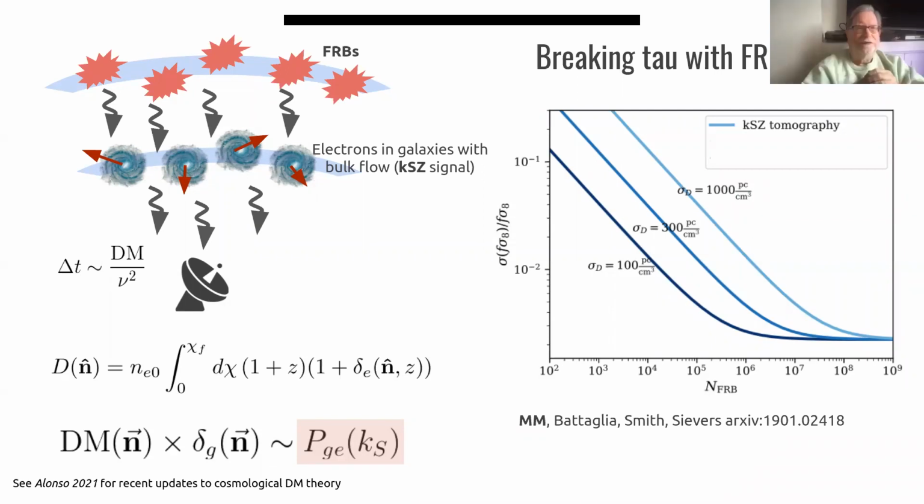Okay, Norma also has her hand up. Norma? Yes, thanks. There is a very interesting cosmology which can be extracted from Sunyaev-Zeldovich, as you showed, and several other information.